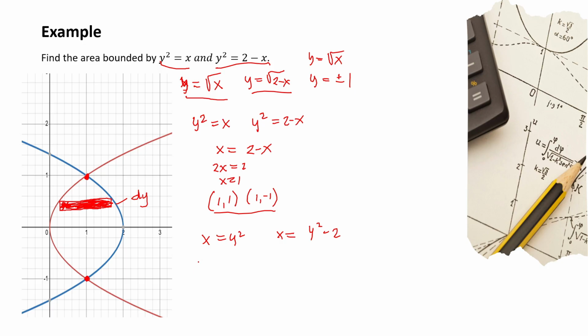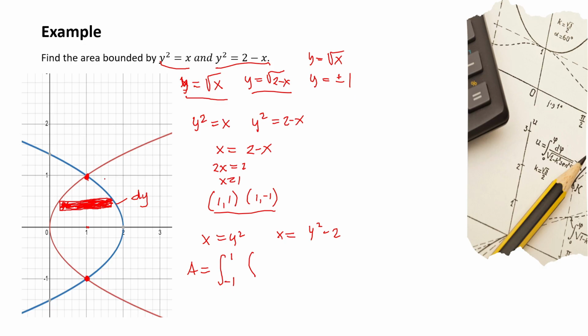Our area is bounded from left to right, where y changes from 0 to 1, and the reflection is 0 to negative 1, so the area is from negative 1 to 1.